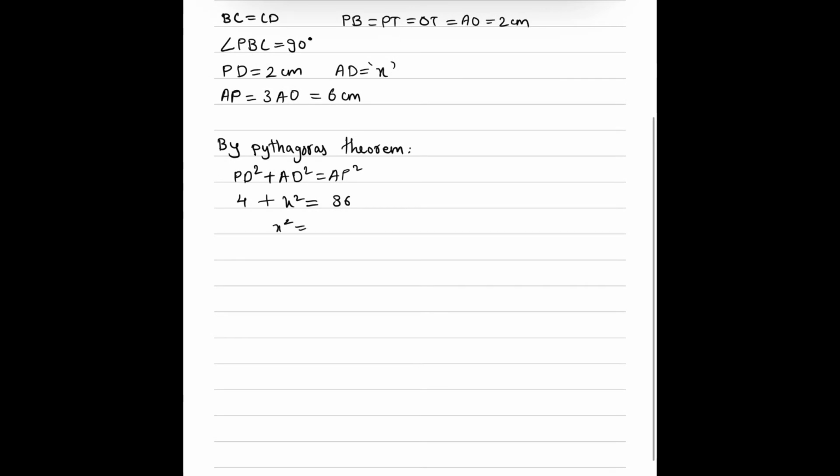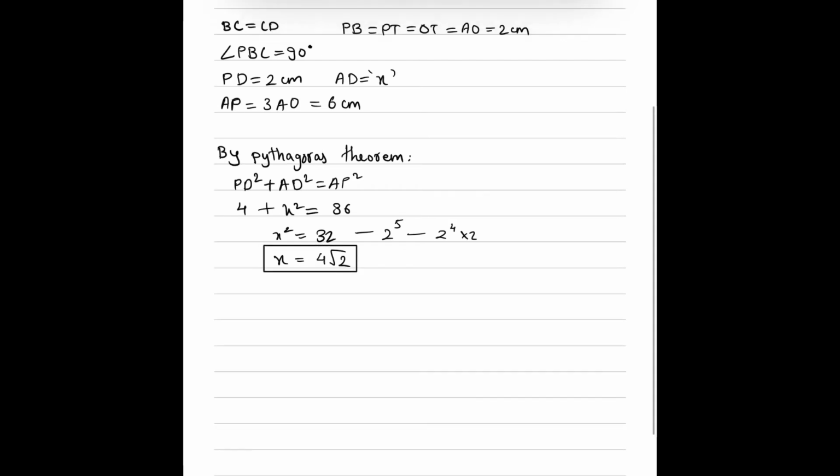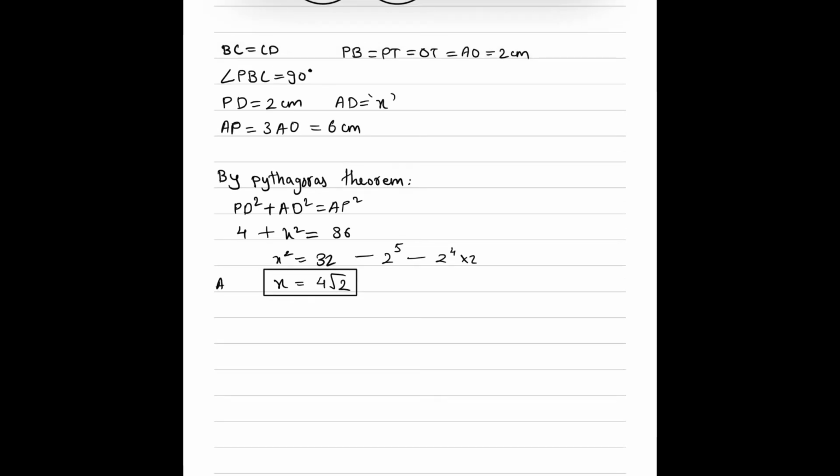So X square will be equal to 32. Now what is 32? It is 2 raised to 5, which is 2 raised to 4 into 2. So X will become 4 root 2. So now we know AD is equal to 4 root 2 centimeters.